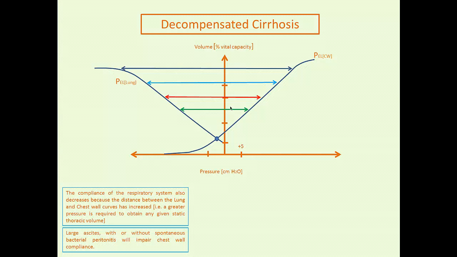So if the patient's on a volume-limited mode of mechanical ventilation and you dial in volume red on your ventilator, the pressure difference between these two curves is the amount of pressure that you would measure during an end inspiratory hold on the ventilator, measured at the proximal trachea. That's the amount of pressure that must be generated by the inspiratory muscles to generate this volume. It's also the amount of pressure that must be applied by the ventilator at the proximal trachea to move both the lung and the chest wall together.